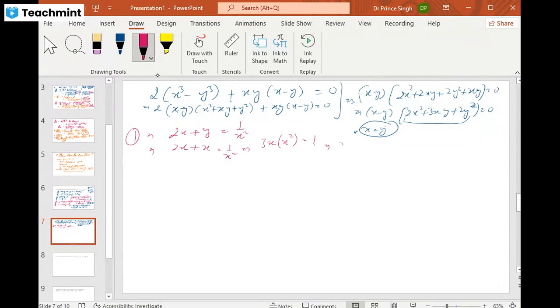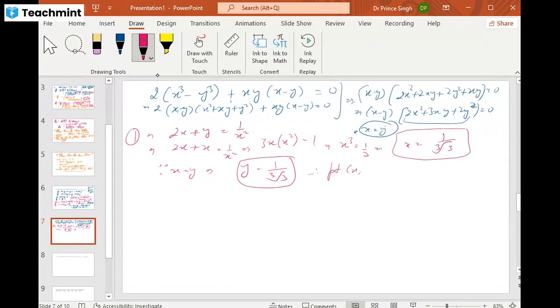It means that x³ equal to 1 upon 3, or x equal to cube root of 1 upon 3. And because x equal to y, y is also equal to 1 upon cube root of 3. Therefore the point (x, y) is (1 upon cube root of 3, 1 upon cube root of 3).